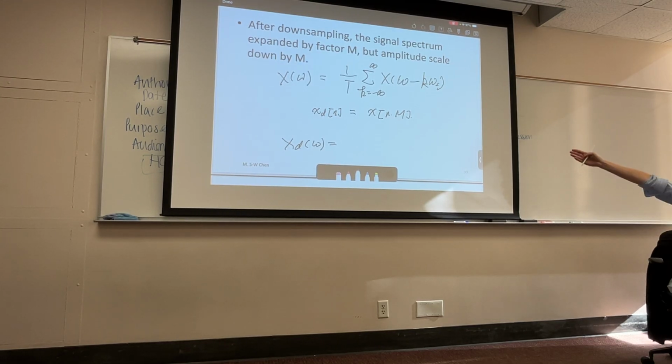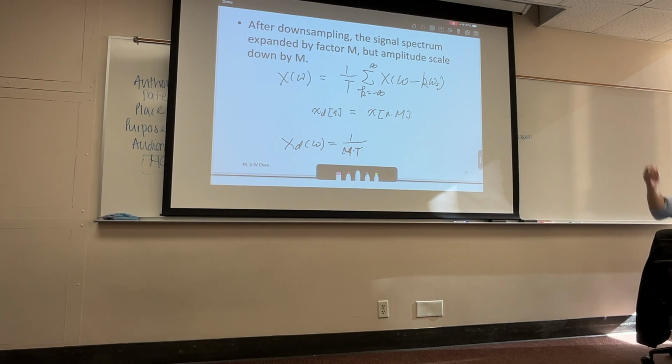So if I multiply in time by a factor of m, so in frequency domain, first of all, your effective sample rate is expanded, right, by a factor of m, right? Because now you take one every m samples, right? So in between it's like m times capital T. So far so good.